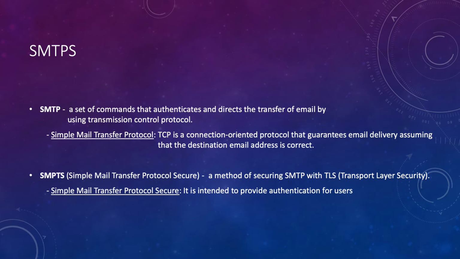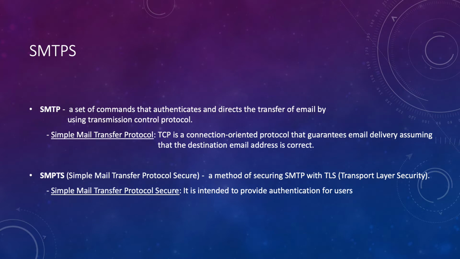So when you're sending out an email using an email client such as Gmail, it uses the SMTP protocol and sends that email to the SMTP server. And that SMTP server will send that message to the recipient's email server using SMTP.